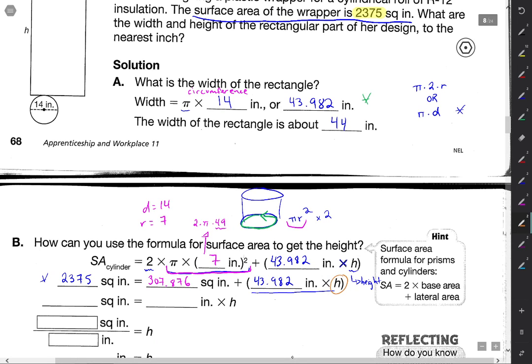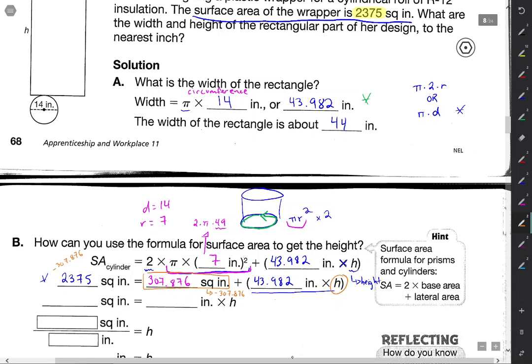So the first thing we need to do is get rid of this over here. We need to move it to the other side of the equation. And how we do that is we need to cancel it out by subtracting 307.876 from both sides of the equation. So we're going to subtract it from there and we're going to subtract it from here.